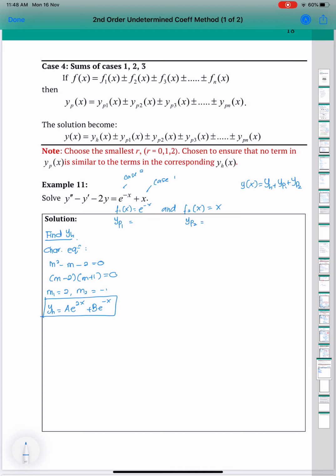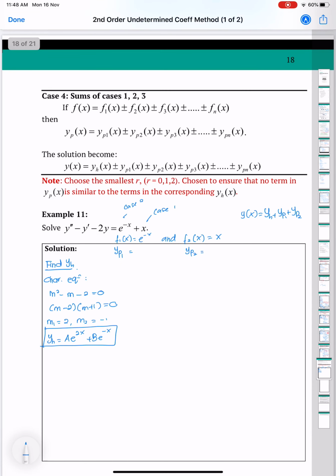Now I want to find yp, which is equal to yp1 plus yp2. So first yp1. f1(x) is equal to exponent negative x.